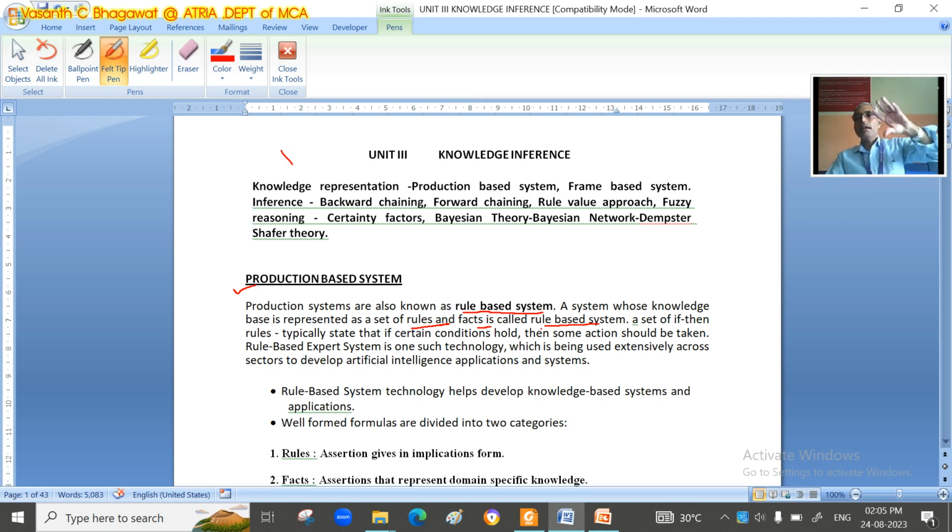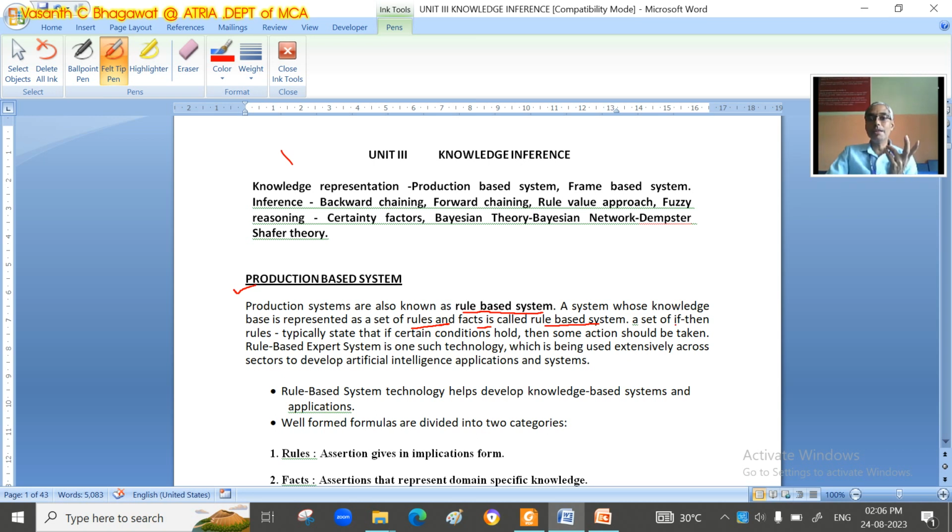A production system is a type of knowledge representation system where the rules become very important. We will have some facts and some rules, and all these rules are stored.